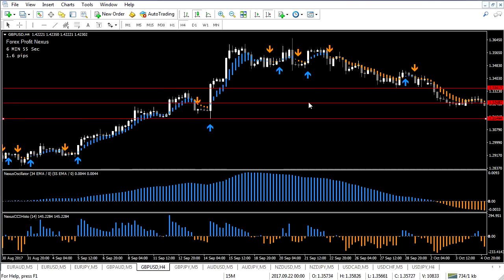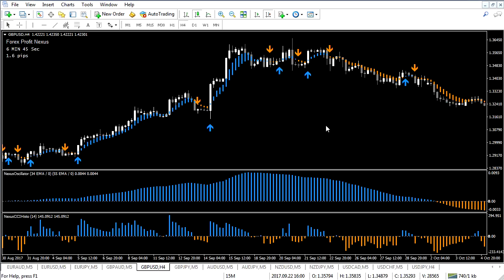We're looking for an opportunity in the direction of the Nexus Oscillator. And finally, those were considered to be conservative. We're going to take a look at what's aggressive by using the CCI now.